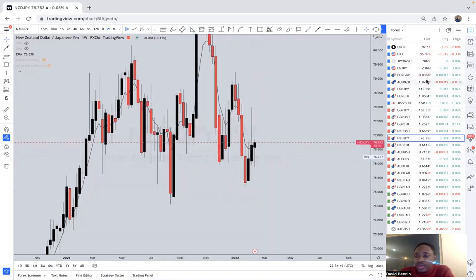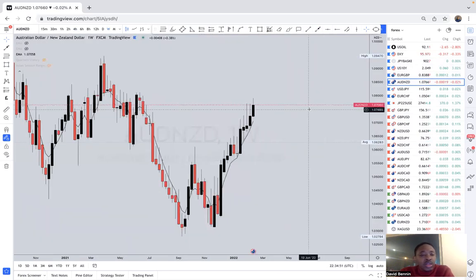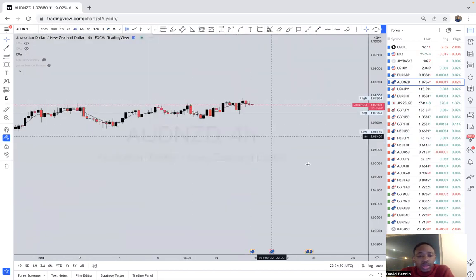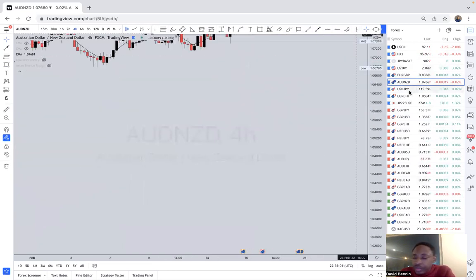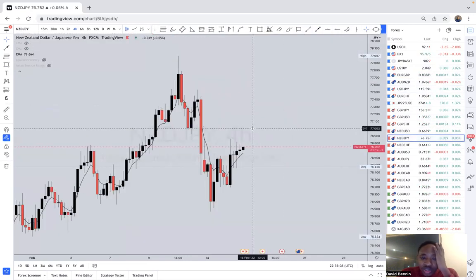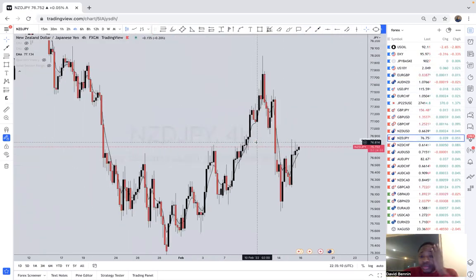So let me take a quick glance at AUD. So New Zealand is not really strong. Let me see 4 hour. Right. New Zealand is not really strong at the moment. It looks like JPY is the one that is actually weak currently.